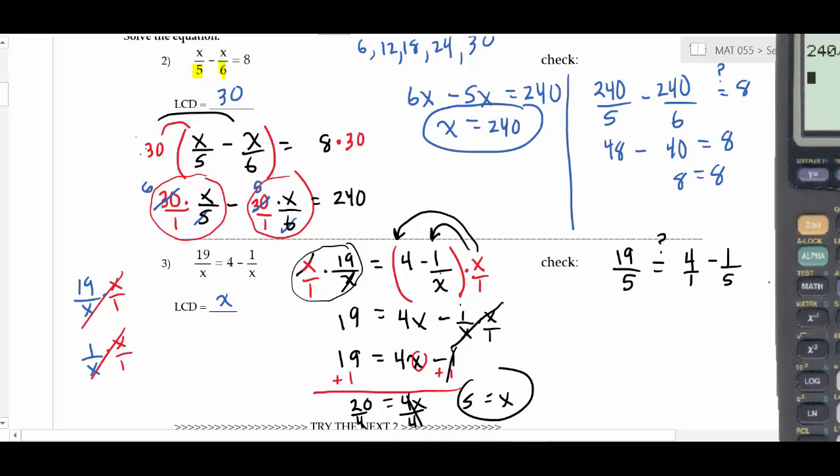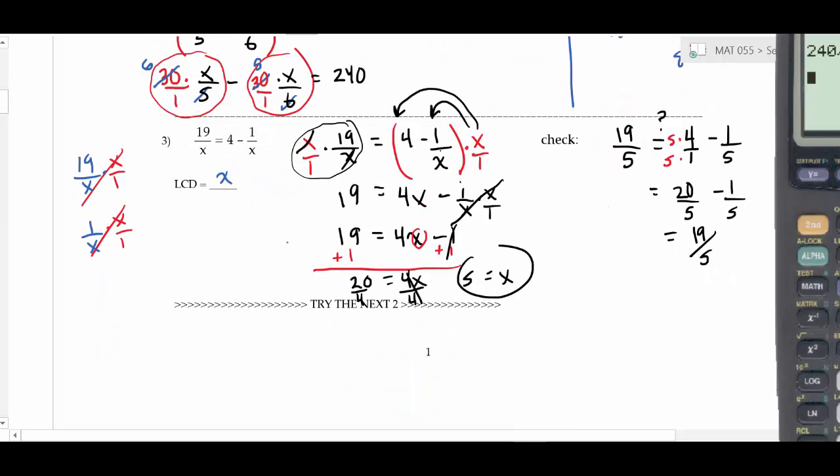What is that? 5. So multiply this by 5 over 5. Then that's going to give you 20 over 5, which is 4, by the way, minus 1/5. So what's 20/5 minus 1/5? 19/5. Remember, you keep the denominator, subtract the numerator.